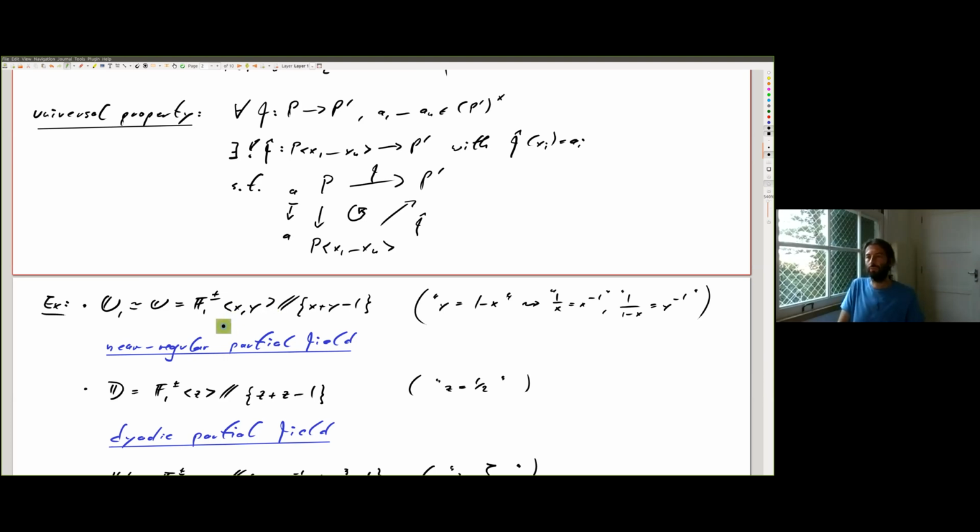And as a quotient of a free algebra, it's just F1 plus minus with two invertible indeterminates x and y, modulo the relation x plus y minus 1.